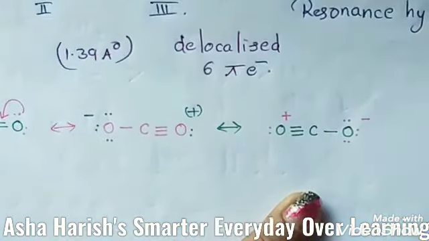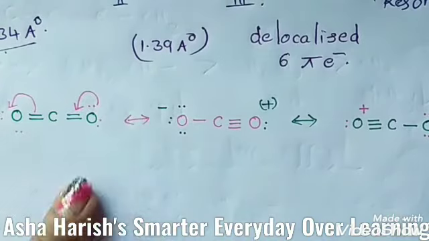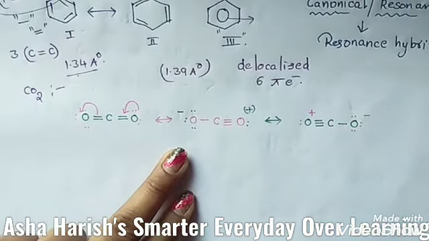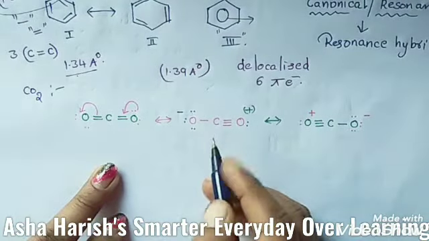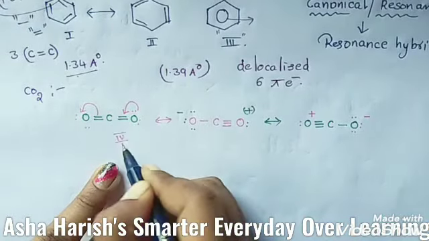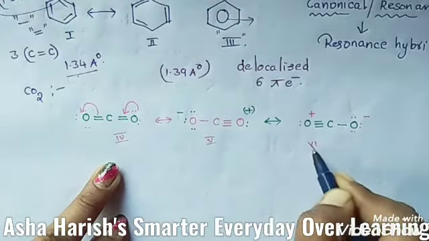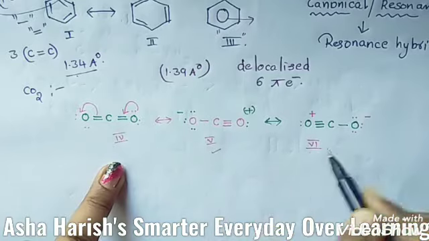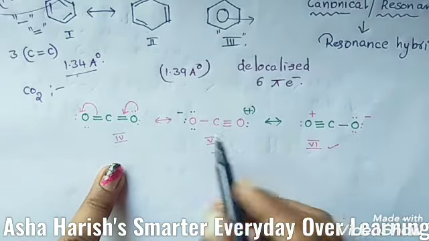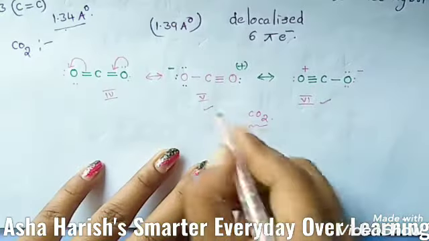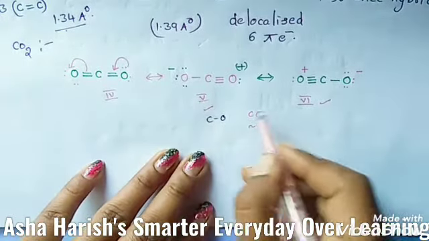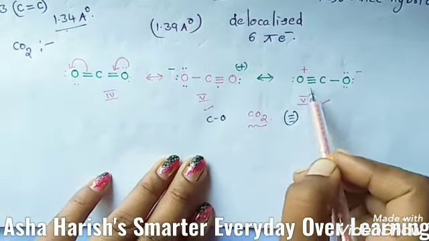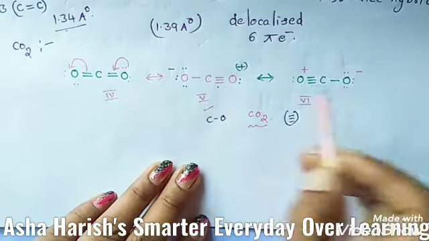Okay students, you can see the resonance structures of CO2 should be like this. Due to the contributions of structures 5 and 6, continuing the numbering from benzene, the carbon-oxygen bond in CO2 has some triple bond character.